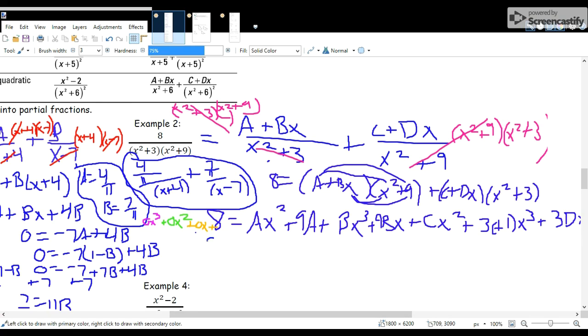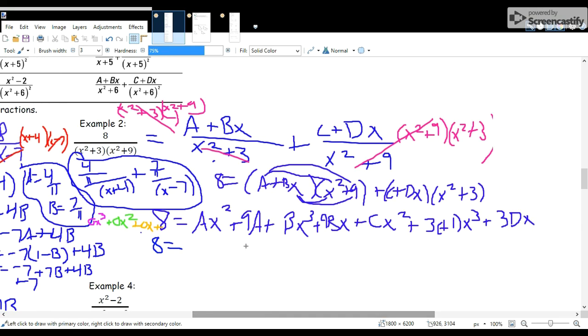So we'll do our constants first. 8 equals 9a plus 3c.